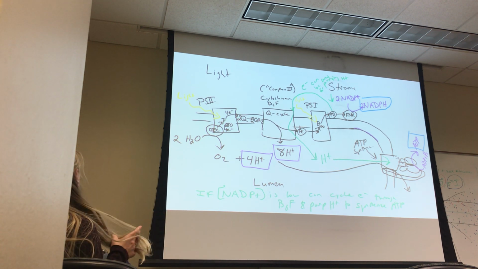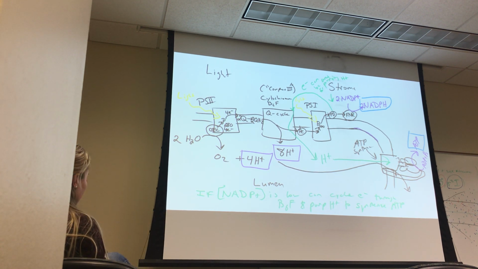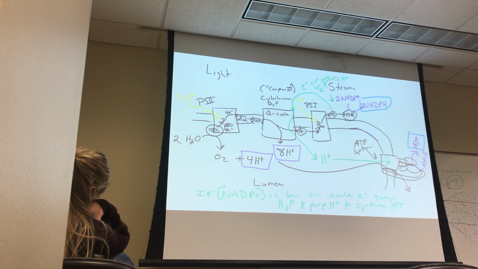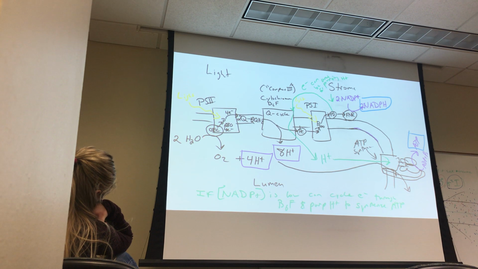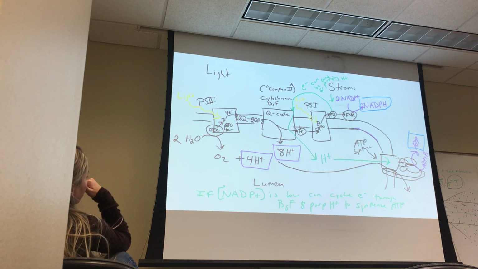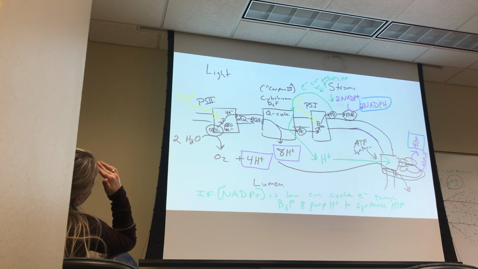I compared it in the slides to the electron transport chain, and basically if you look at all this, this is exactly the reverse of the electron transport chain that we see in the mitochondria. And in order to go in reverse, what do you have to do? You have to get energy from somewhere else. We get it from the light.